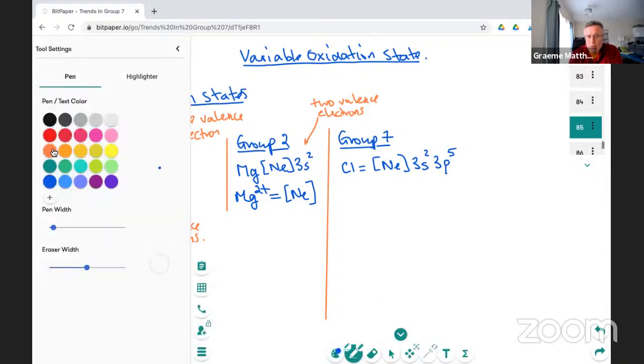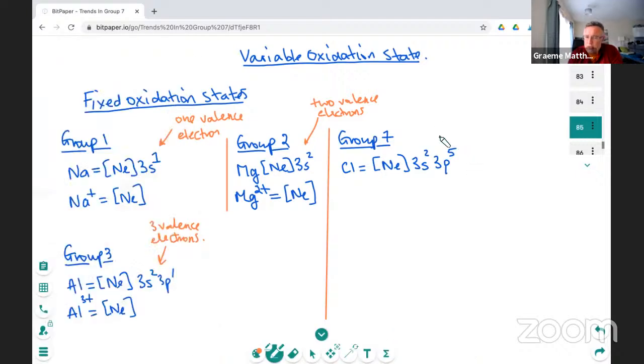And so what you probably learned at GCSE, 7 valence electrons, what you probably learned at GCSE is that, well, chlorine ion is -1.